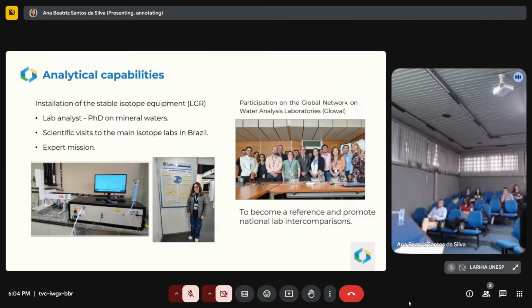It's in Caeté, Minas Gerais. And we have a lab analyst, Magda, this young woman there, who is working on her PhD as well on mineral waters, and she is implementing the use of this equipment within the survey. We are having some troubles, some issues, but we are confident that we're going to get it.